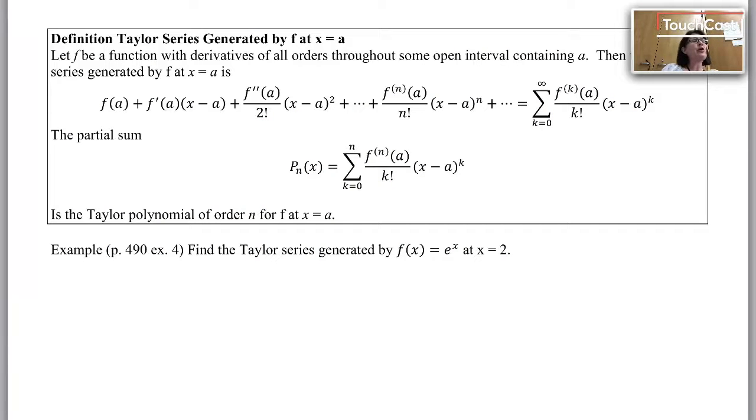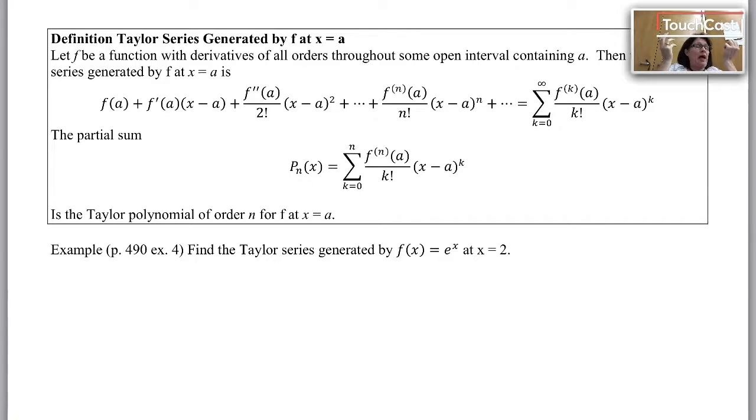Okay, so remember back in chapter 4, we could make a tangent line approximation to a function at any x value we cared about, as long as we knew the function value and its derivative at that x value. The same is true for a Taylor polynomial. All the approximations we've made so far, we wanted them to be really good fits for our function at the place where x equals 0.